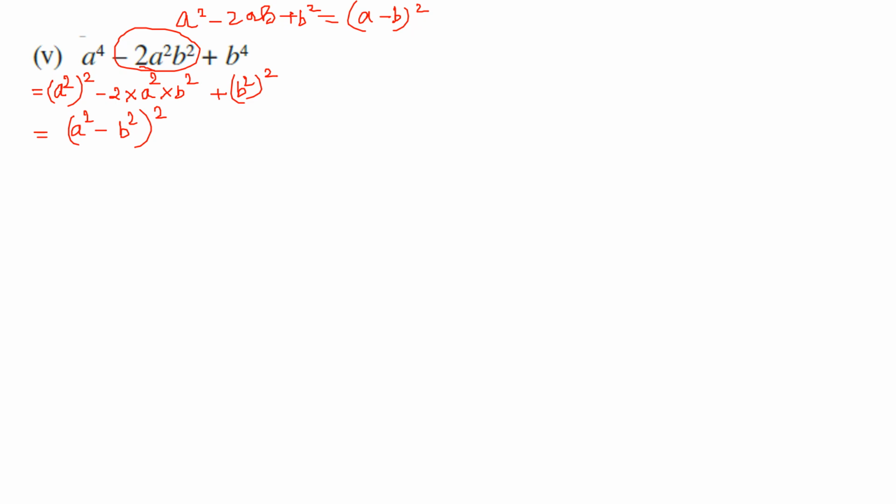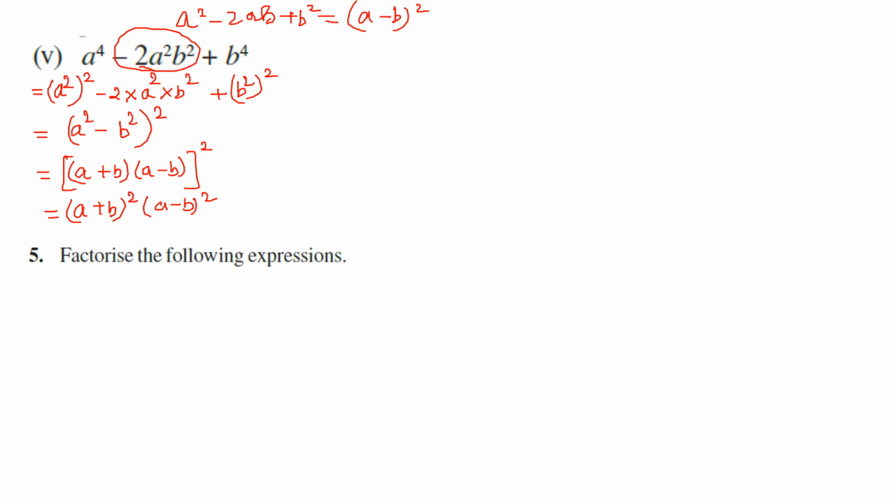Here a is a square, b is b square. Now a square minus b square, further I can write it as a plus b into a minus b, and whole square is also there. So this will be equal to (a plus b) whole square into (a minus b) whole square. So this is your fifth part.